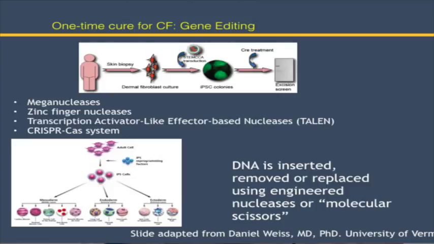So we now have molecular scissors to cut out a normal CFTR and splice it in to the chromosome of somebody who's deficient. So proof of principle, we can now do it. It's now ramping it up to animal models and humans. But that's something to think about in the future.